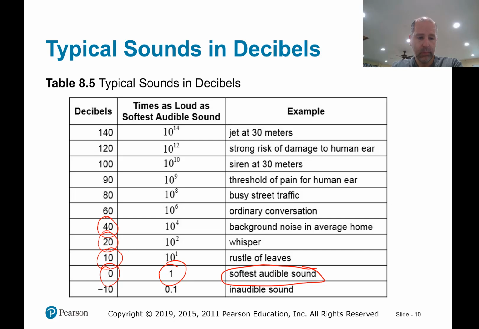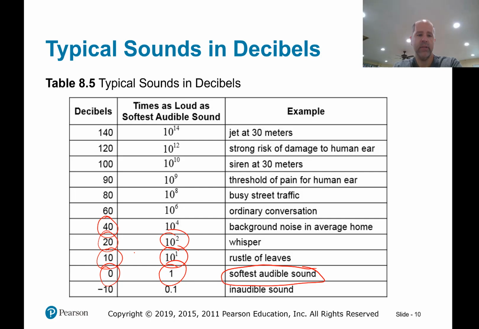If you're at 10 decibels, then you're 10 times as loud. If you're at 10 to the second, then you're 100 times as loud as the softest audible sound, and so on and so forth.